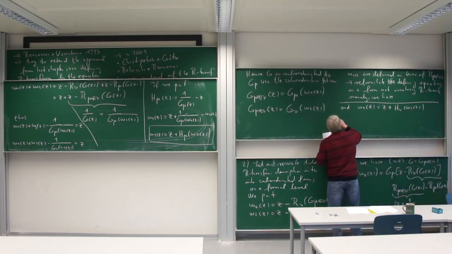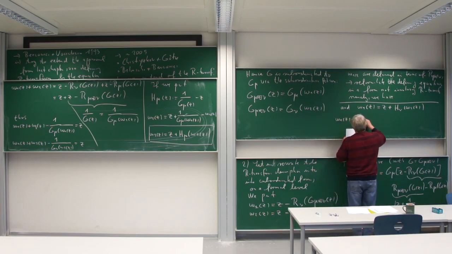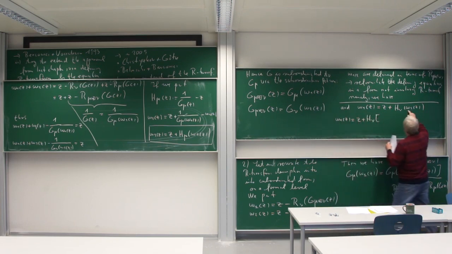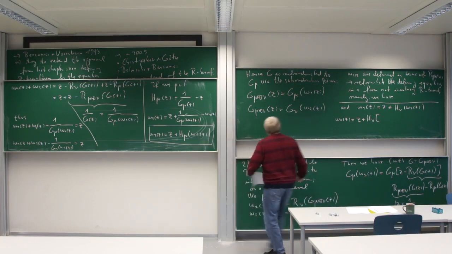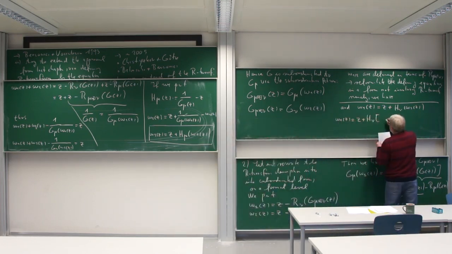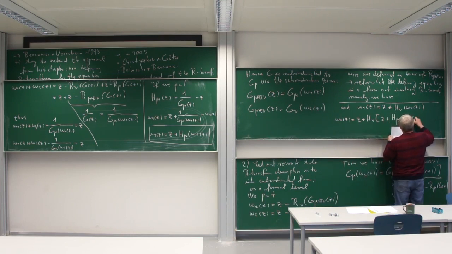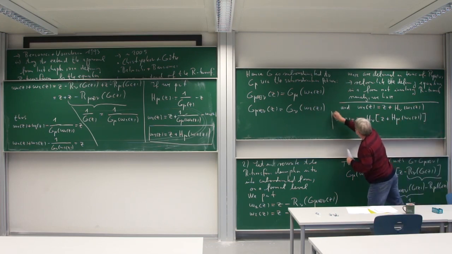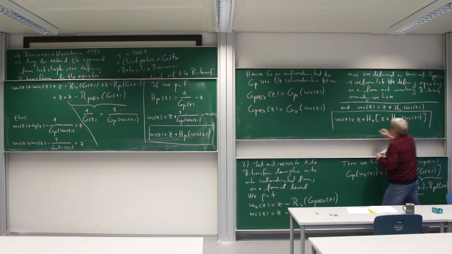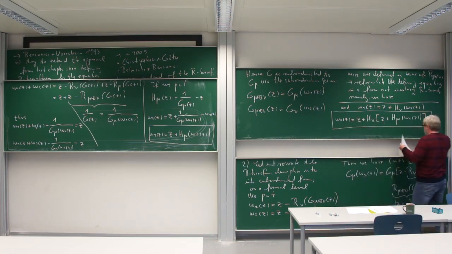So what I then get is omega 1 of z is z plus h nu, where the argument omega 2 of z I replace by this. So I get here z plus h mu of omega 1 of z. And this is now the crucial equation.